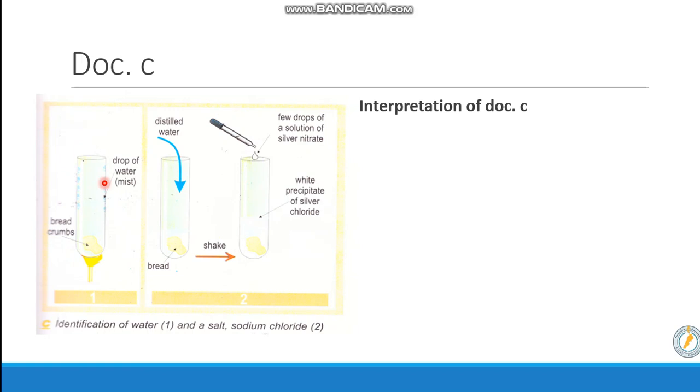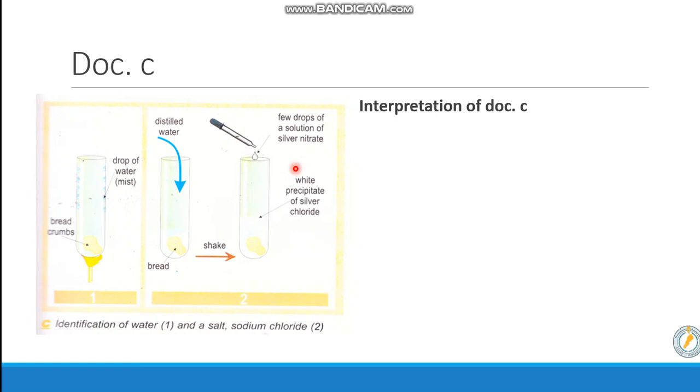In experiment 2, they add some bread to distilled water, put them in a tube, and shake them. Then they add a few drops of silver nitrate solution. A white precipitate of silver chloride is observed. Remember that silver nitrate is used to identify the presence of mineral salts.